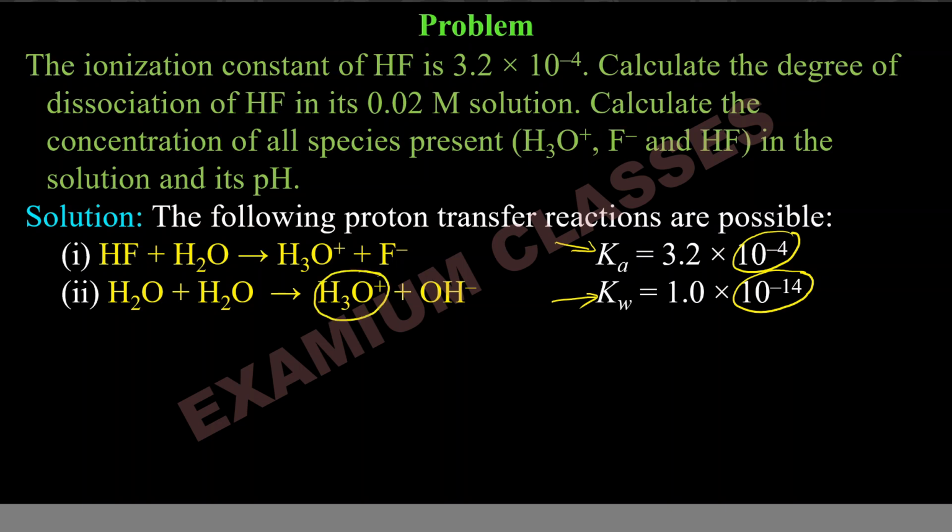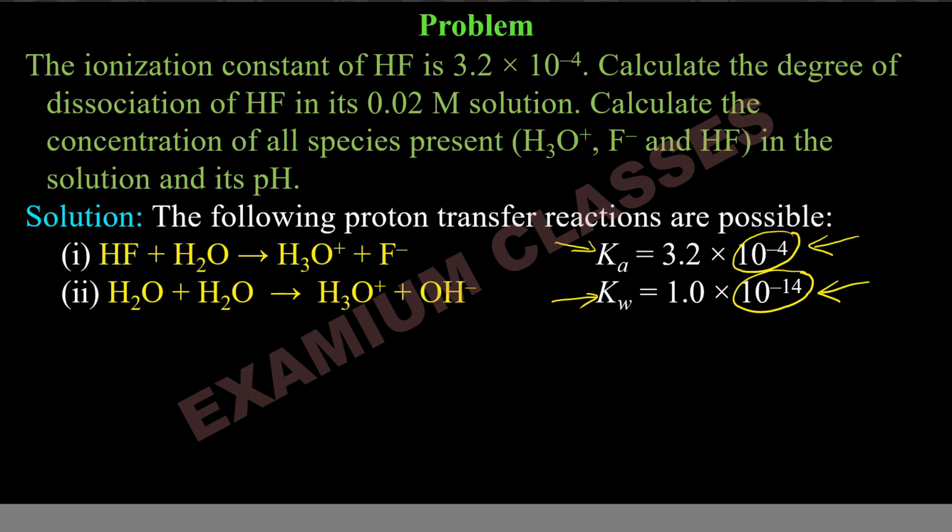You compare the equilibrium constants of the two reactions and decide whether you can neglect the hydronium ion from one reaction or not. Otherwise, if one is 10 power minus 4 and the other is of the order of 10 power minus 6, you will not neglect it. The difference should be large enough, then you can neglect it.